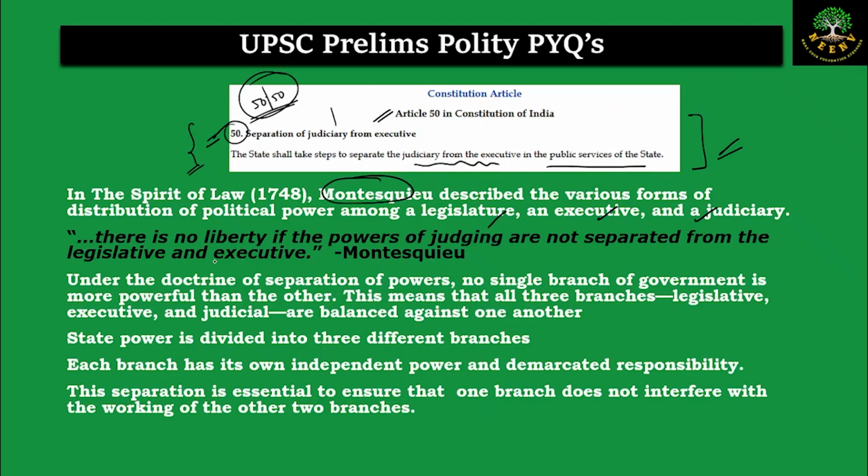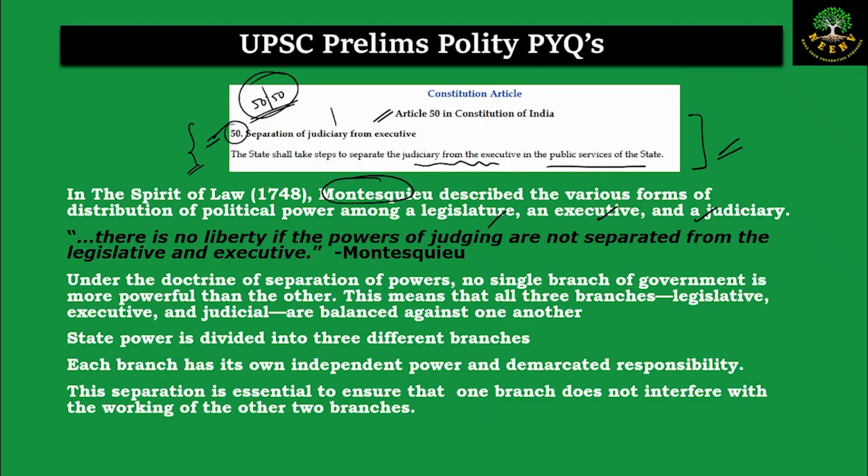Because imagine a scenario where the executive officer also has the judicial powers. Do you think the judgment is going to be completely independent and objective? No. We being human beings, our subjective opinions come into play. So you cannot be a judge in your own case.